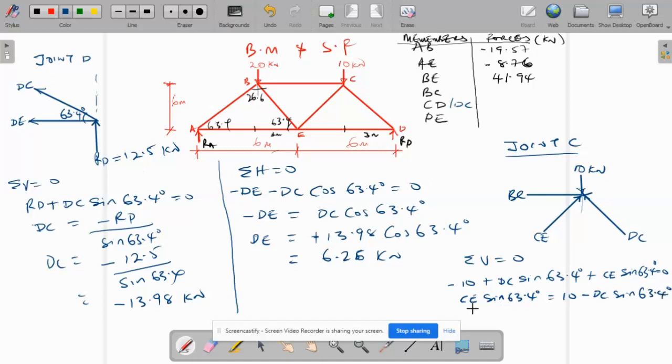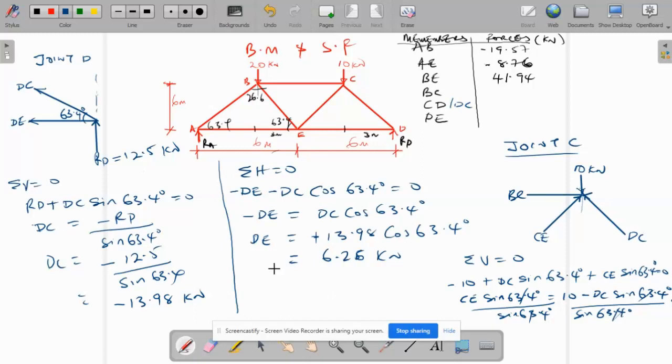So we divide both sides by sine 63.4 degrees. So this will go with this, we cancel this. So what we'll have here is our CE.